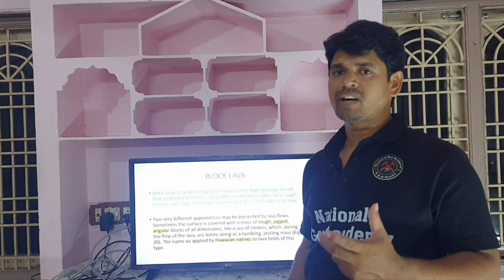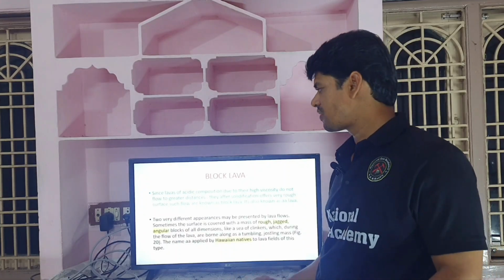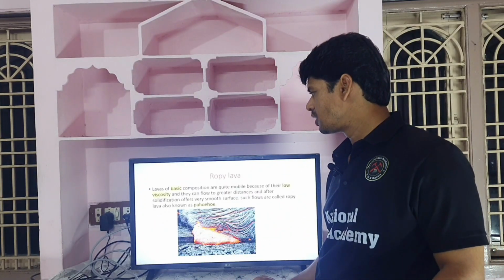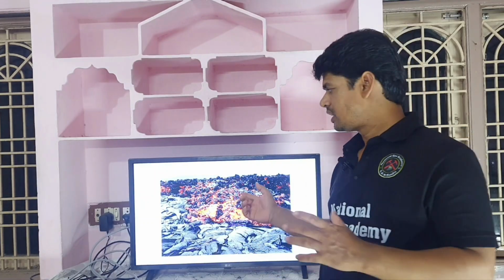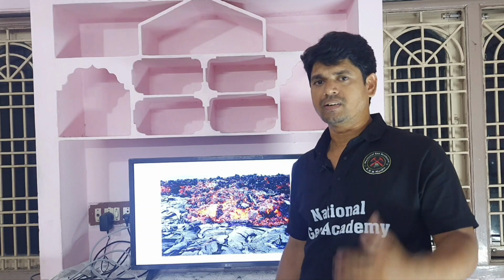Generally, block lava has a very rough surface. In this diagram you can observe the block lava forming like blocks. Hawaiian native speakers give it another name, aa lava.